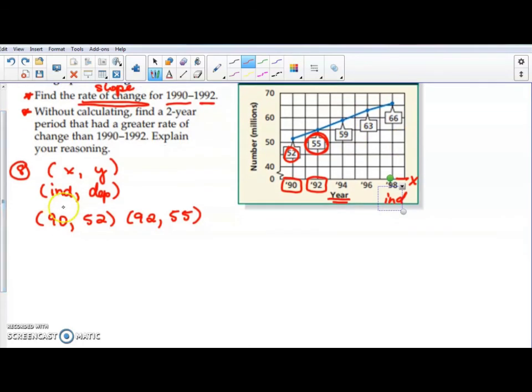So as always, to find our rate of change or to find our slope, we're going to use our x1, y1, x2, y2, and our slope formula. m equals y2 minus y1 over x2 minus x1. And now we substitute.